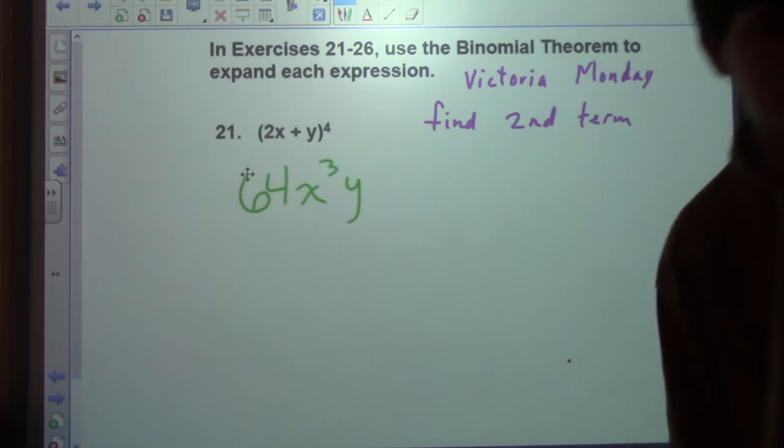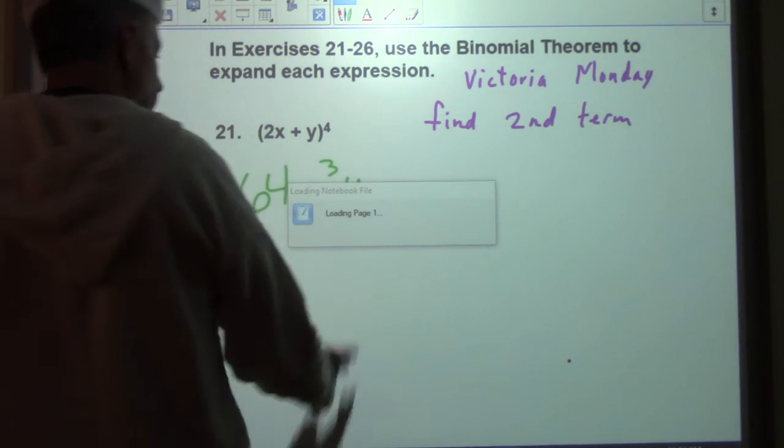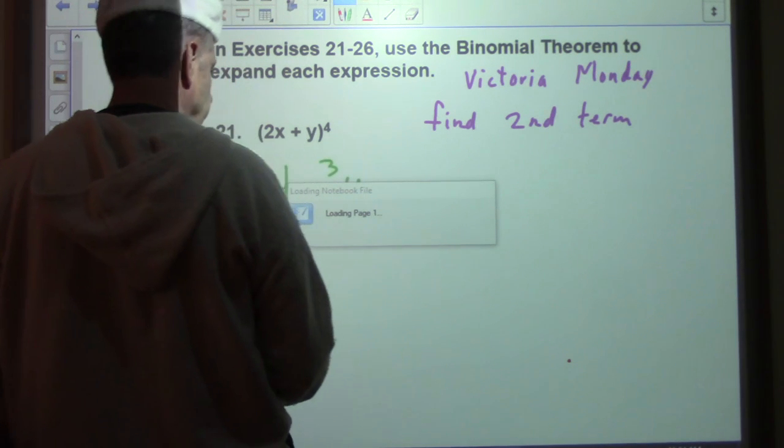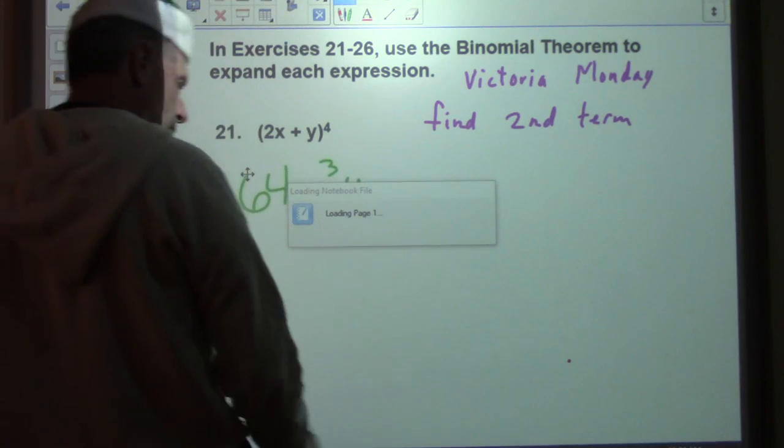Okay. So it'll be the second term, so it's going to be x to the 4th, right? Oh, it'd be x to the 3rd, you're right, x to the 3rd. But how'd you get 64? I got 32.